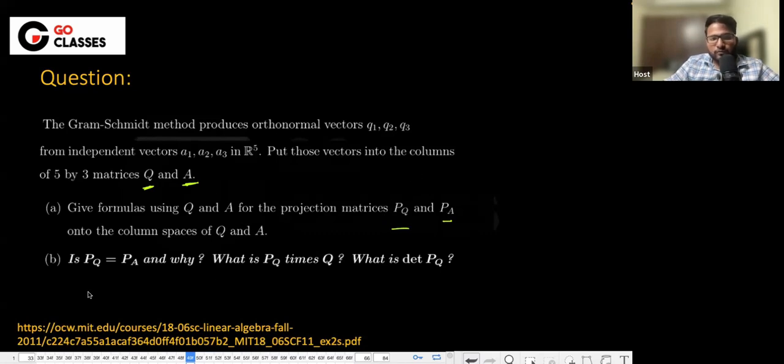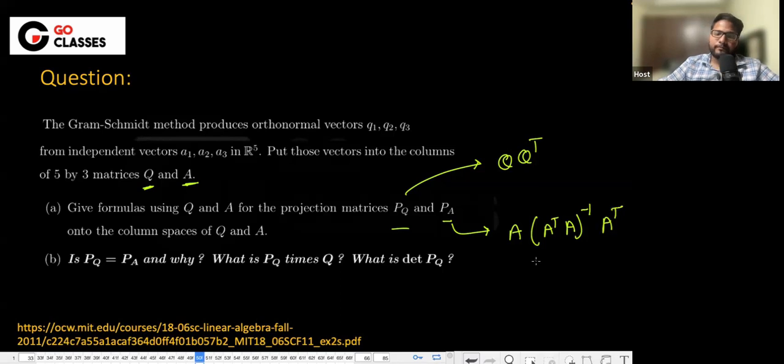So what is PQ? It is easy, right? Q Q transpose. What is PA? PA is A into A transpose A inverse A transpose, right?